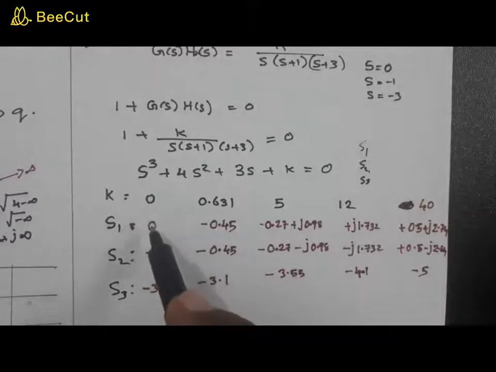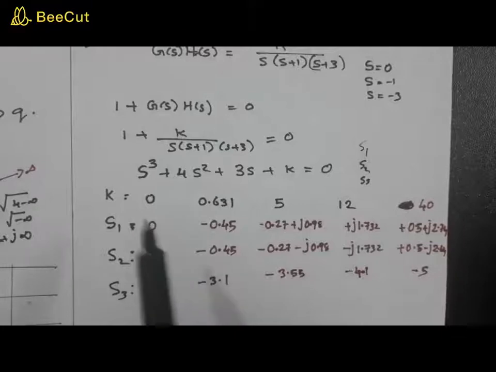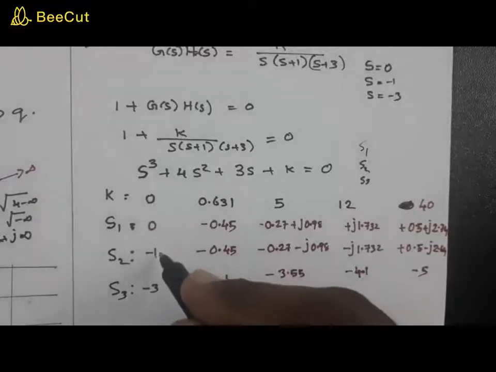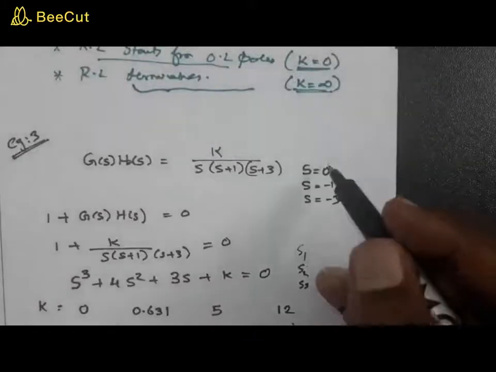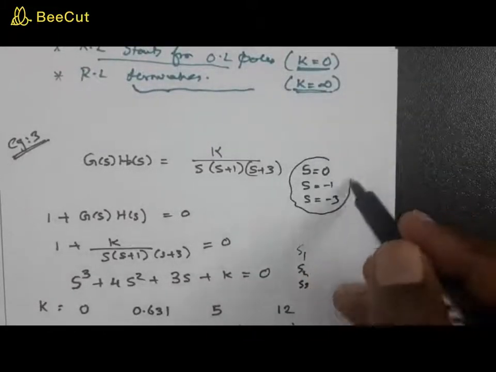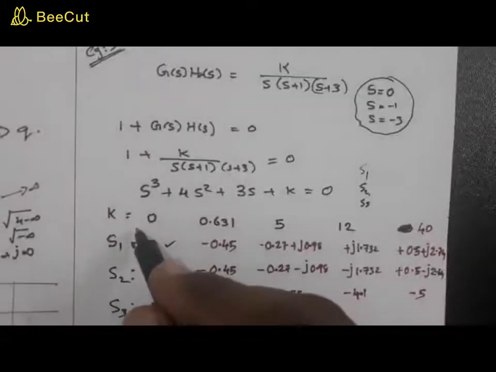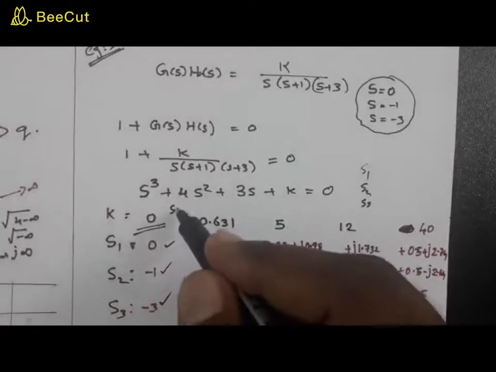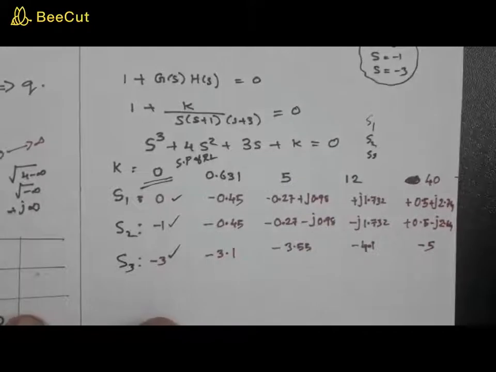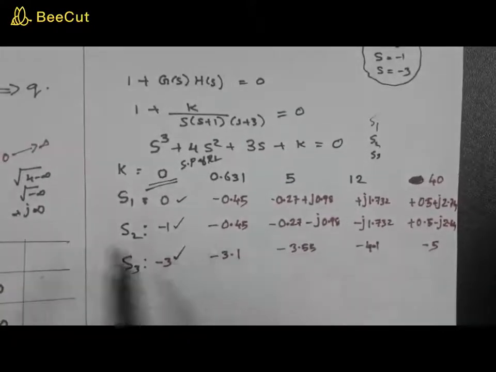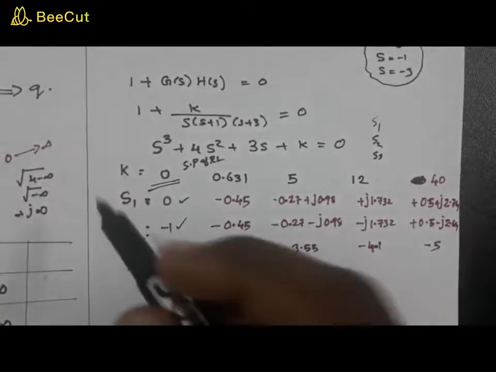So at k is equal to 0, look at the position of S1, S2 and S3. S1 is 0, S2 is minus 1, S3 is minus 3, which is in turn the open loop poles. So k is equal to 0 is the starting point of the root locus, right? How many roots will you have? You will have three roots.